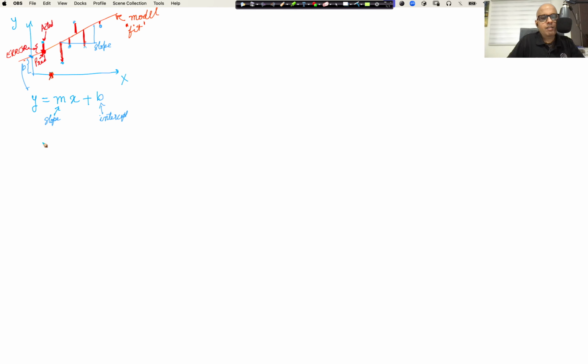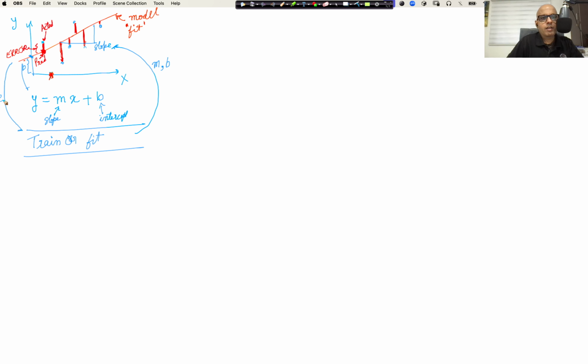Now, in machine learning, when we say we are going to train a model, or when we say we are trying to fit a line, what we are essentially doing is a cyclic process where we start with some random values of m and b and try to predict values for y for any given values of x, and we then measure what the error is.